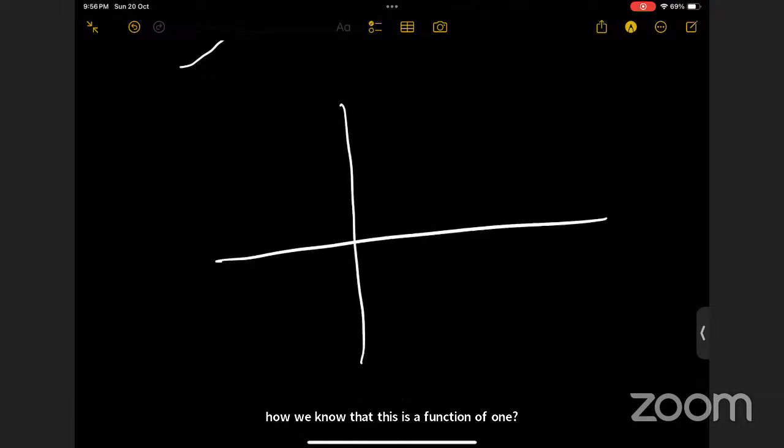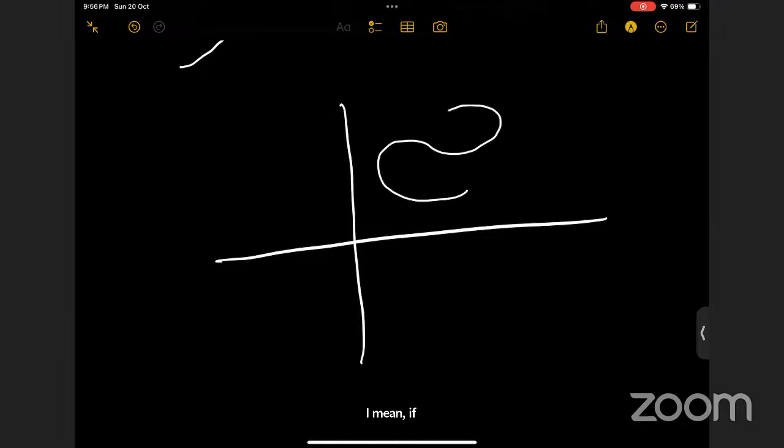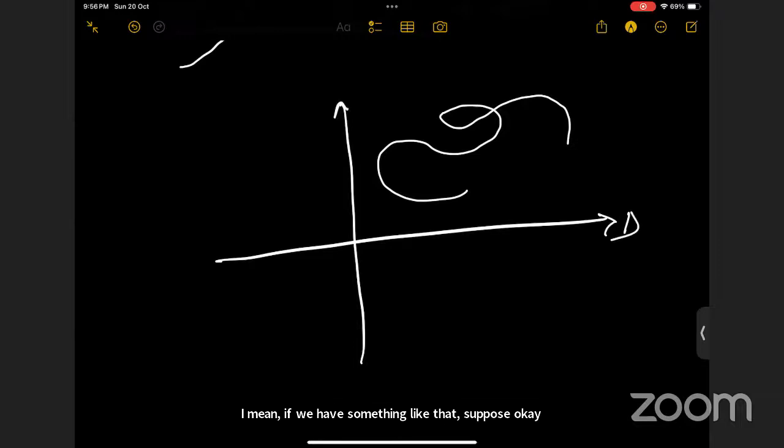You know about the vertical line test, right? Suppose this is our domain and this is our codomain. What is the definition of a function? For every input, we will find a unique output. So if we take this input from the domain, what are the outputs?